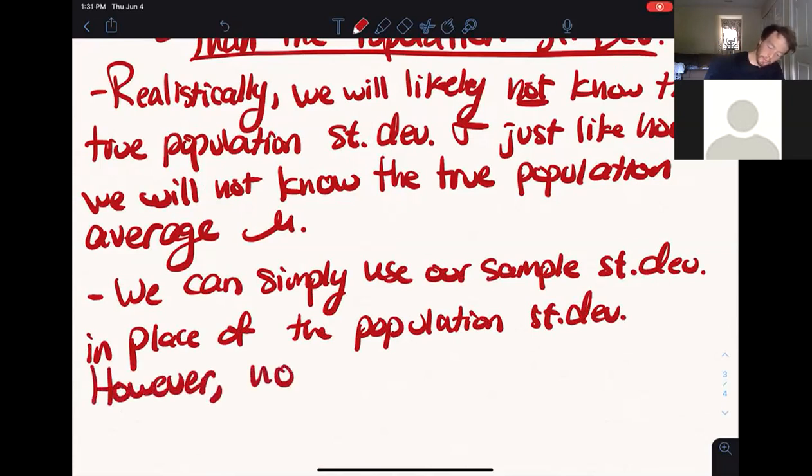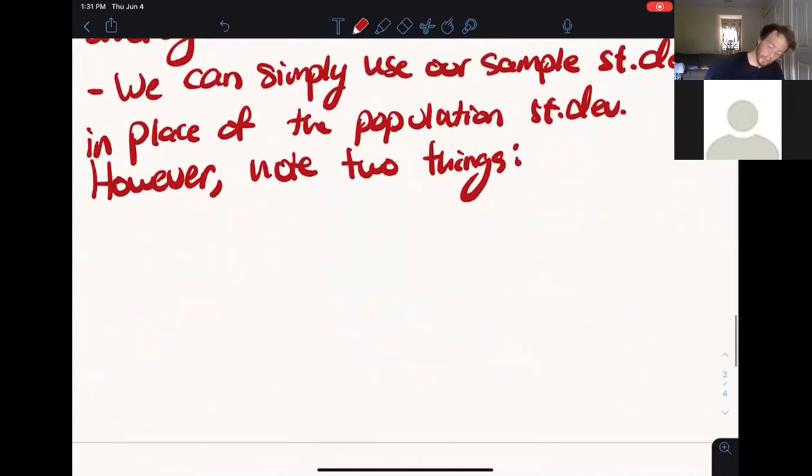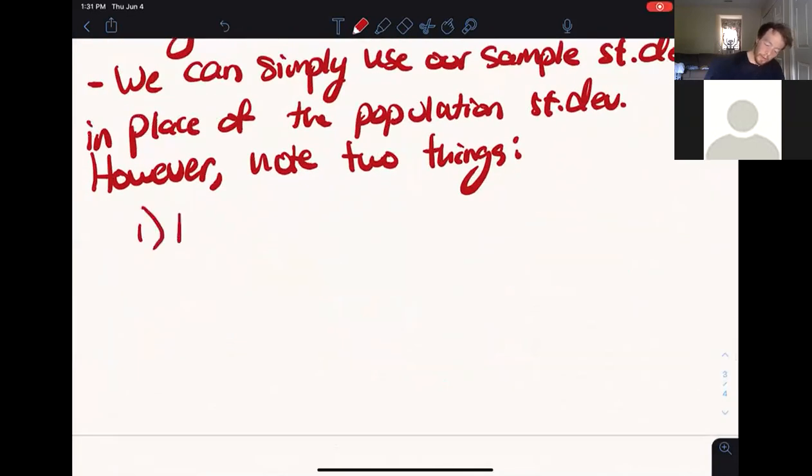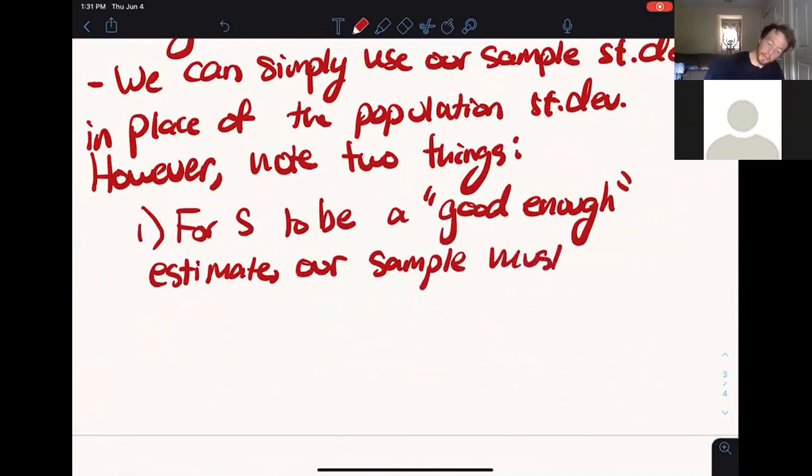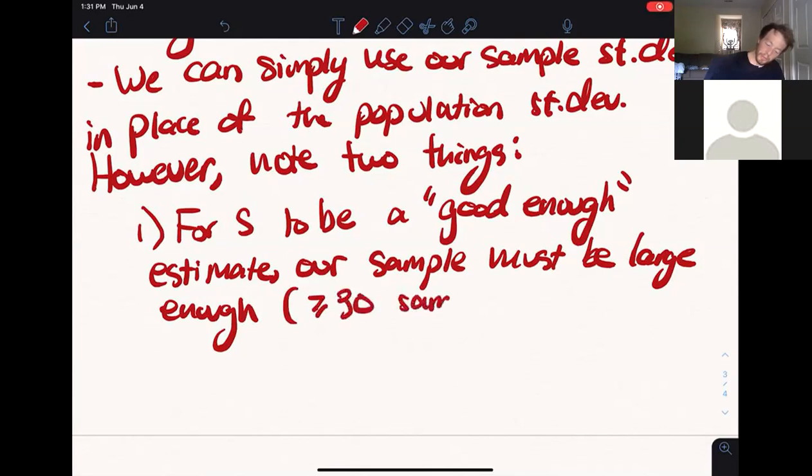note two things. One, for the sample standard deviation to be a good enough estimate, our sample must be large enough, which our convention is greater than or equal to 30 as our sample size.